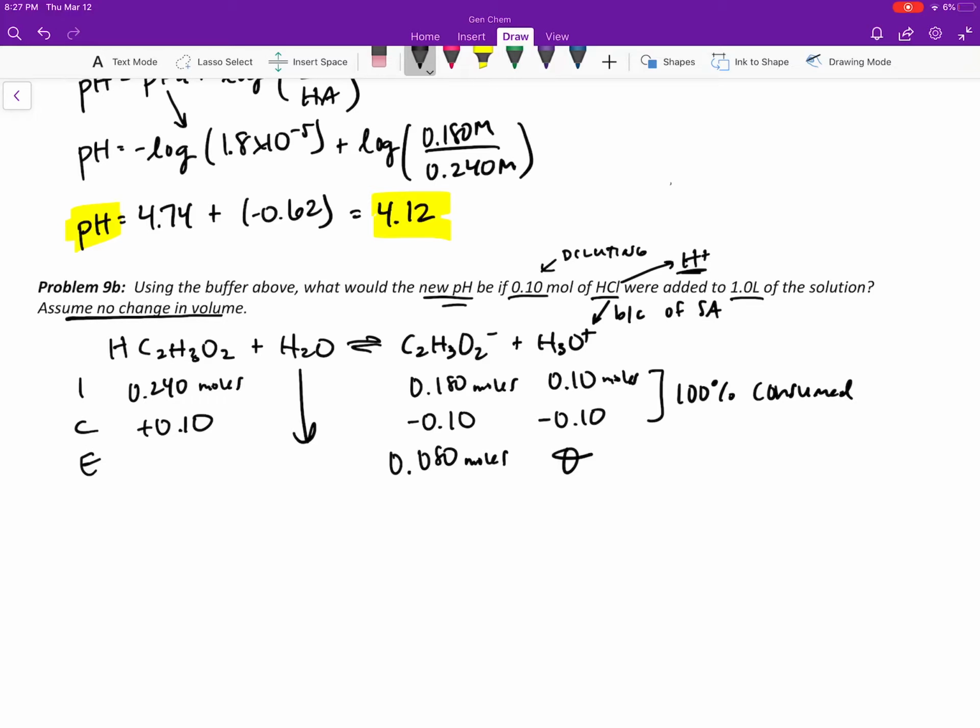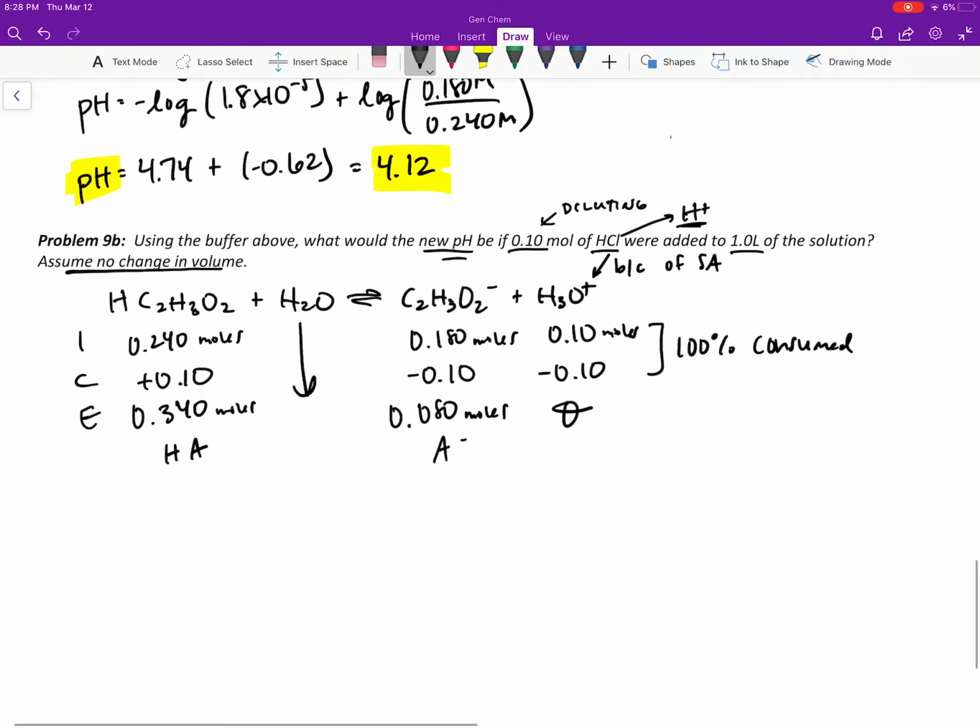It's going to leave me with 0.10 less of the acetate and 0.10 more of the acetic acid. Now I have new A-/HA values, so I can plug this back into my Henderson-Hasselbalch. My Ka is still the same. That will not change. The only things changing here are the values in my A-/HA.